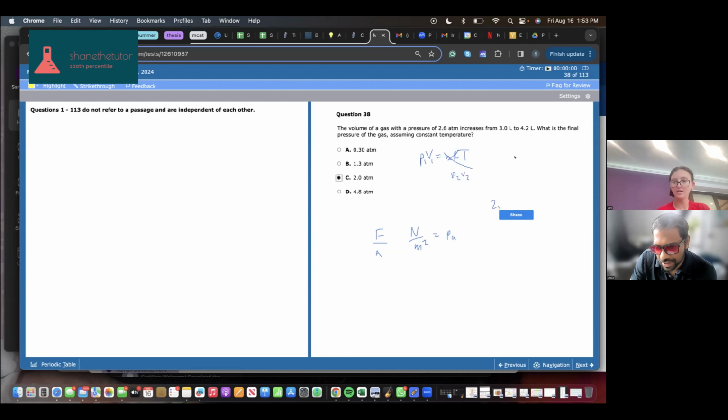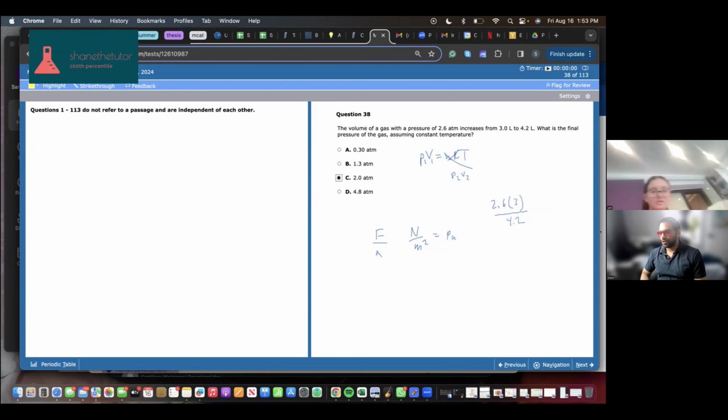So 2.6 times the 3 divided by the 4. 2.6 times 3 is like 8-ish. Divided by 4 is 2. Yep. So good job. But yeah, the idea, how you're thinking of it with pressure and volume being inversely proportional.